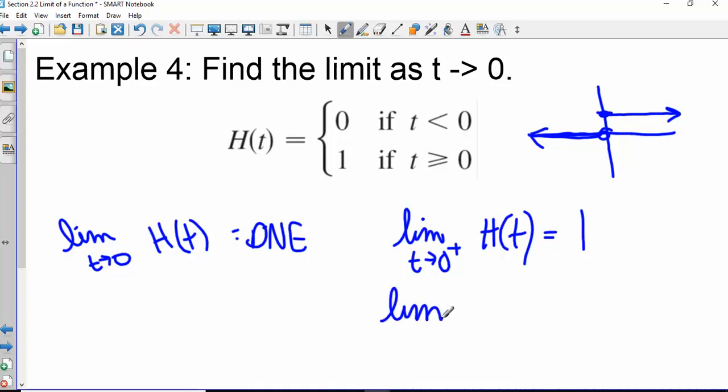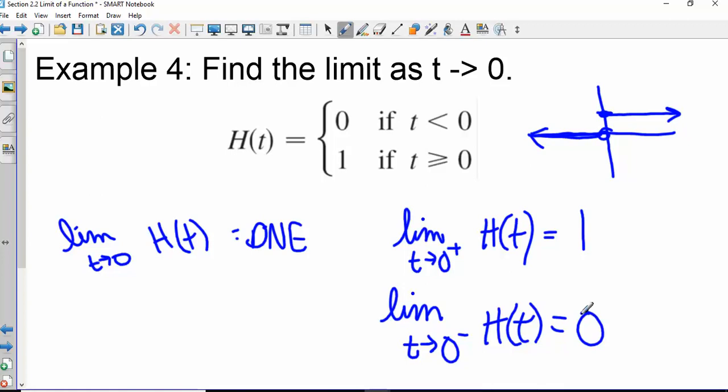As my t or my x is getting close to 0, the whole thing is getting close to 1. As I approach it from the left, what does it approach? 0.